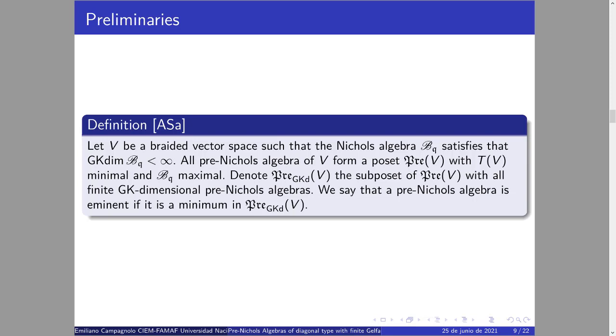All pre-Nichols algebras of B form a poset, where the tensor algebra of B is minimal and the Nichols algebra is maximal. Denote this the subposet of pre-B with all finite Gelfand-Kirillov dimension pre-Nichols algebras. We say that a pre-Nichols algebra is eminent if it is a minimum of this poset.